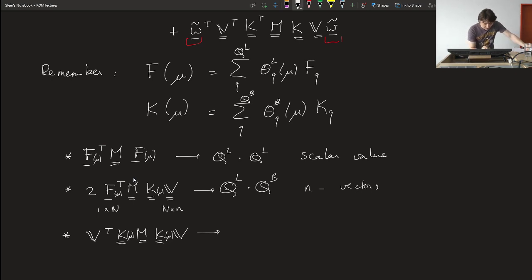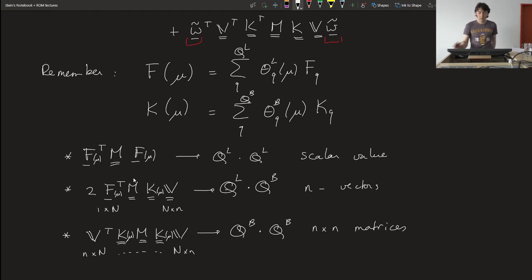Well, again, my K is dependent on QB bilinear forms, and I'm multiplying that by M, and then multiplying it by K again. If everything is symmetric it becomes even less than this, but you would again have QB times QB, small n times small n matrices, because this one was small n by big N, big N by big N, big N by big N, big N by small n. So again, this is also very cheap to store.